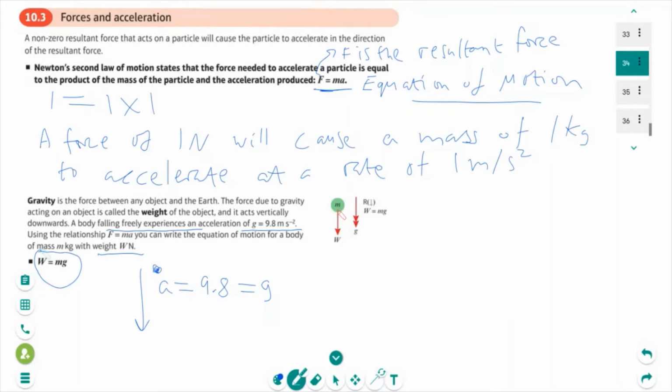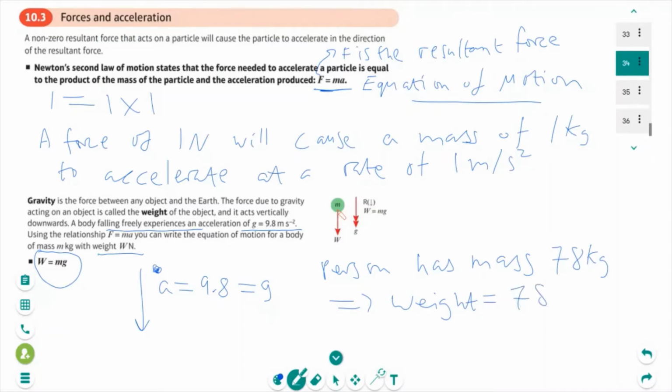So, for example, suppose a person has a mass of, let's say, 78 kilograms. That means their weight is going to be equal to 78 multiplied by g.